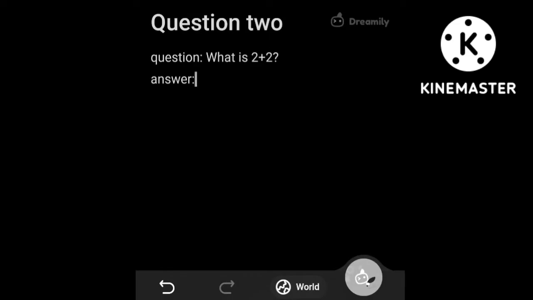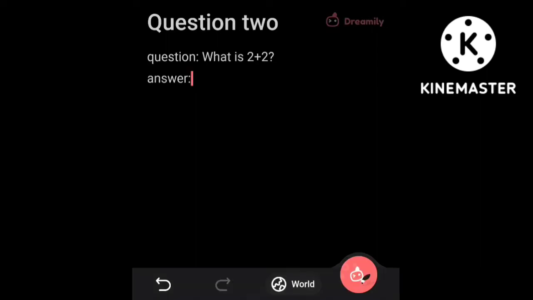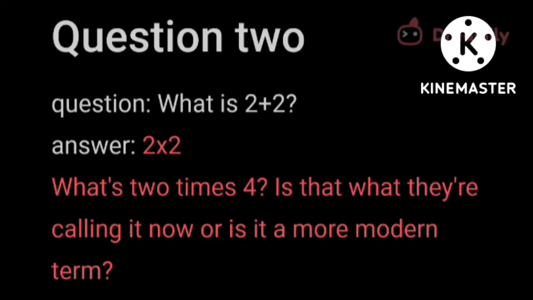The second question I got from the website was a math question, however, it was much easier than the ones I was testing with it before. So, question 2, what is 2 plus 2? I'm going to be using the same format. I will change it up if it doesn't seem to be working. 2 times 2.